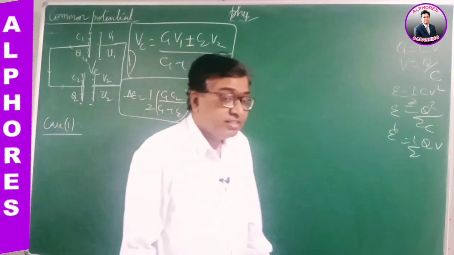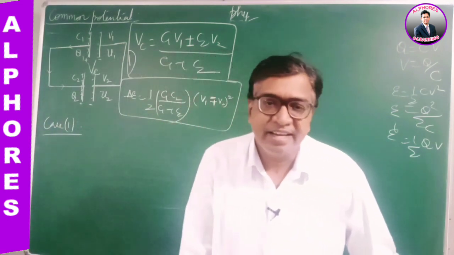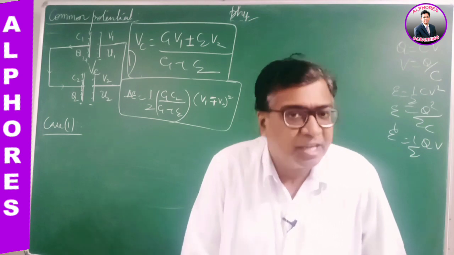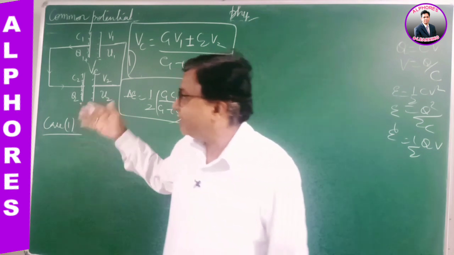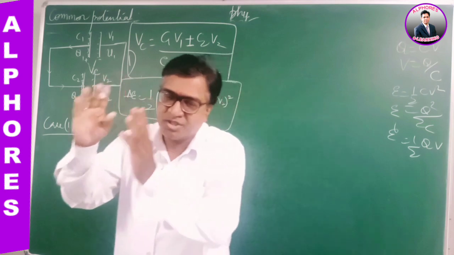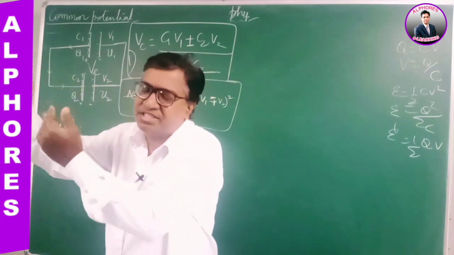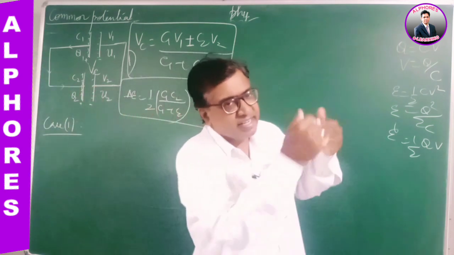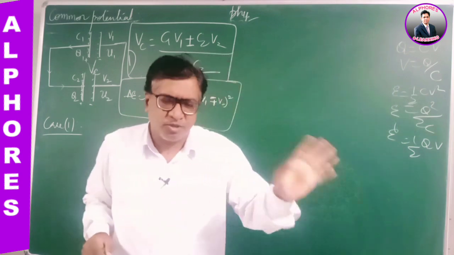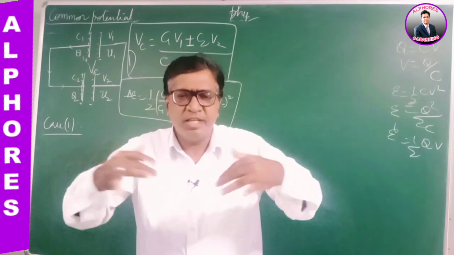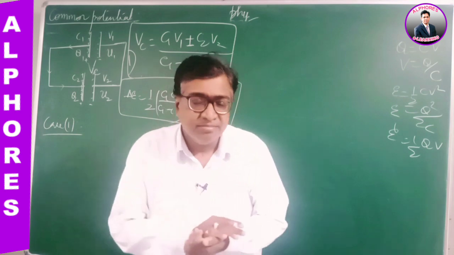First case, if it says that the second capacitor is an uncharged capacitor. In the earlier case, the first one was charged to some potential V1 and the second was charged to a different potential V2. Now when these are connected, we have found the formula.